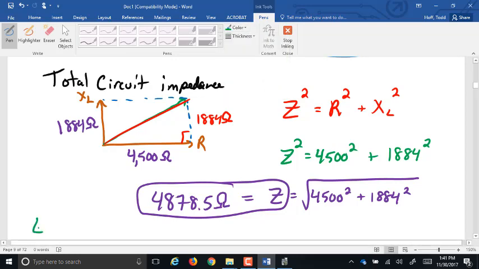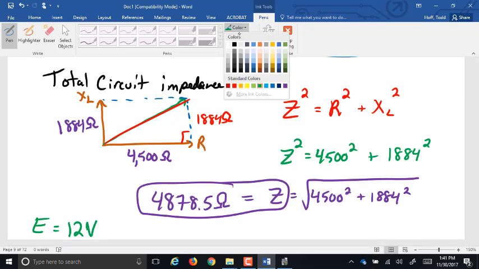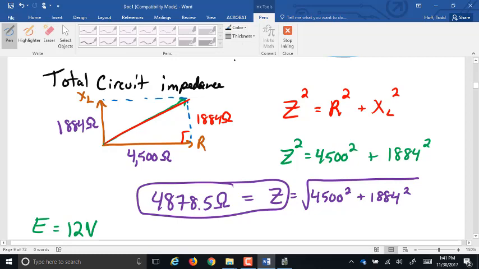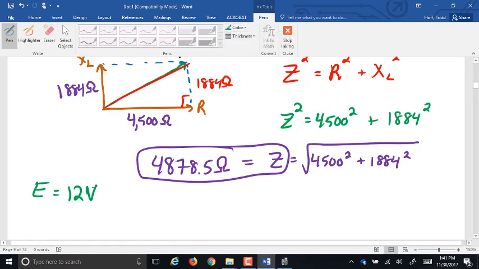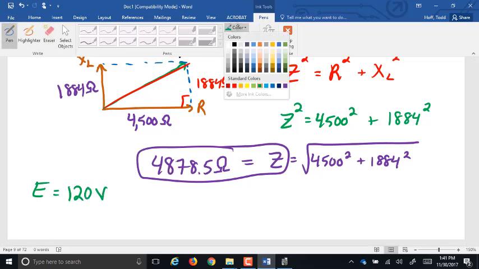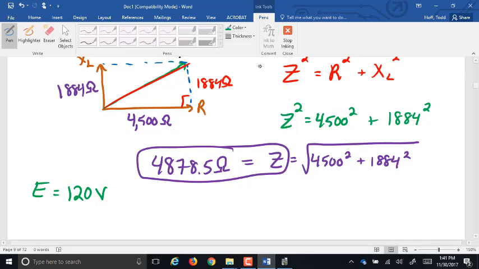Now let's say our voltage source is 120 volts. Again, helps to put the 0 in there. 120 volt voltage source. Have you guys covered EMF and RMS? Okay. So that's obviously 120 volt RMS, average voltage. The current is that voltage divided by that impedance.